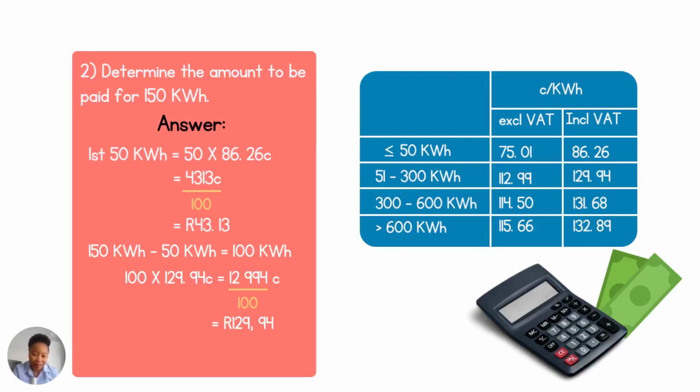Okay. So therefore, the total amount that this person has to pay will be 43 rands, 13 cents plus 129 rands, 94 cents. When you add those together, you get 173 rands, 07 cents.